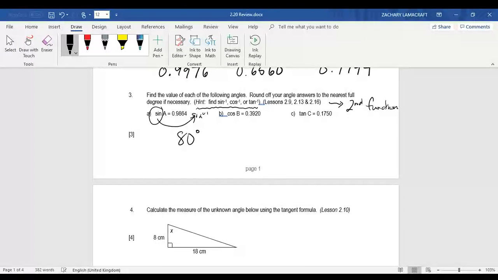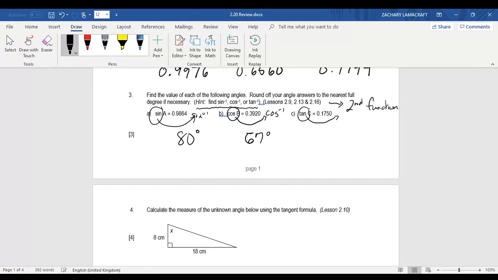Okay, if I did the same thing over here and it became cos -1, I would type in 0.3920 second function cos -1, 66.9 if I rounded, 67 degrees. And then finally, tan C, we know we have to do the -1 again.